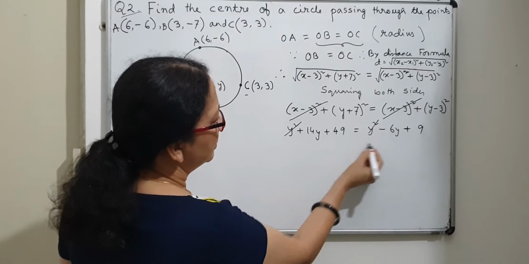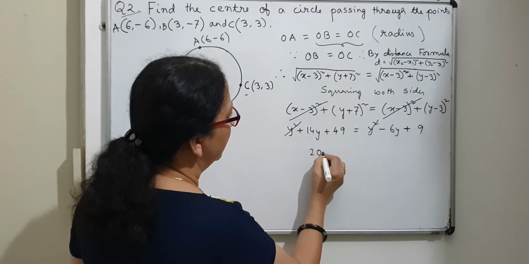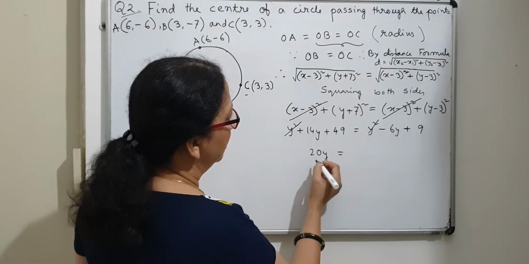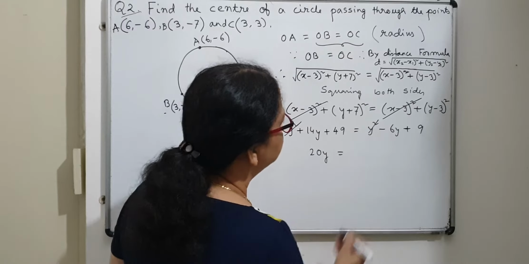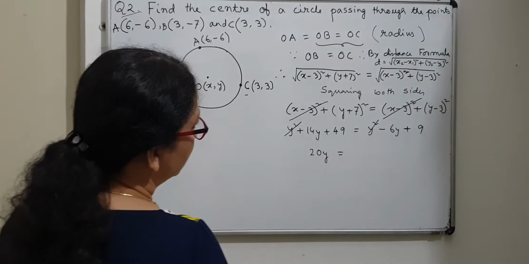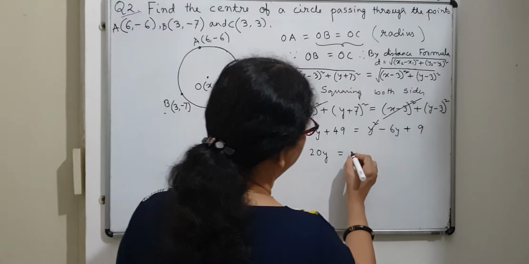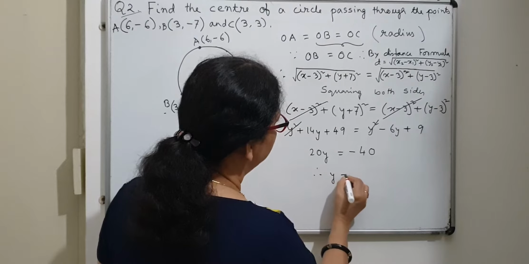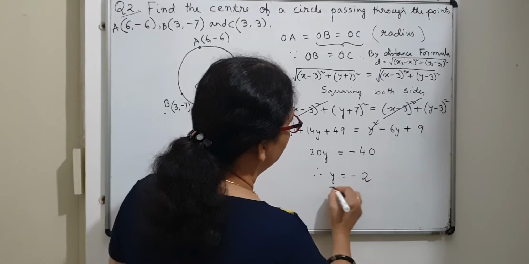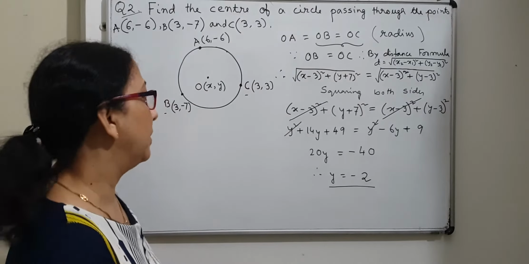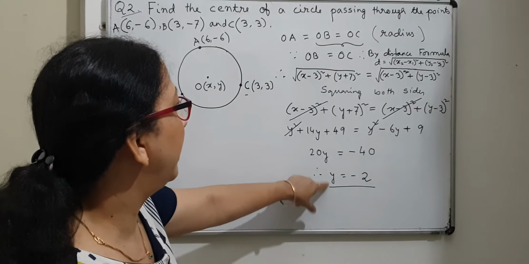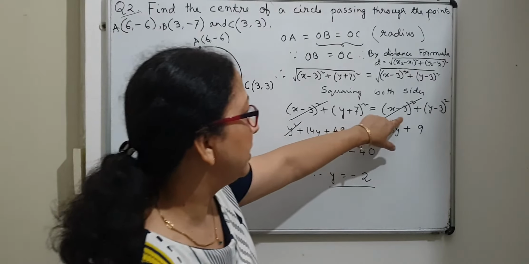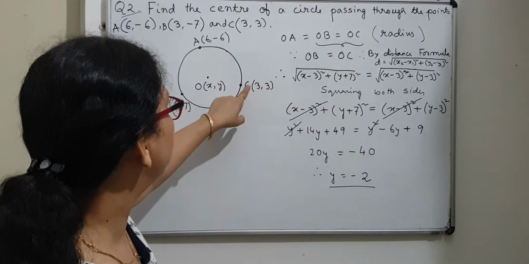And if you bring this to this side, it is 20y is equal to minus 40. So therefore y is equal to minus 2. You see how easily I could find the value of y, as one of the variables was eliminated by observing the abscissa of these two points is the same.